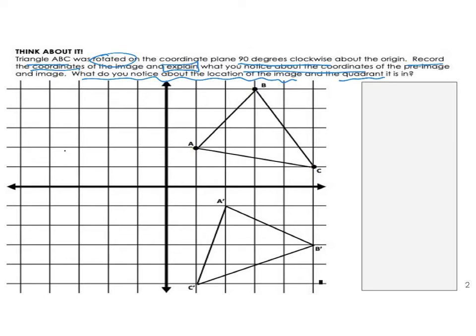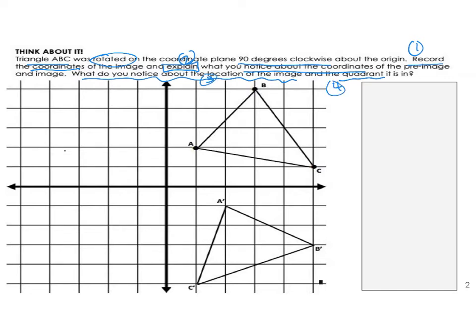The first thing I need to do is record the coordinates. Then I need to explain what I see about the coordinates. Then I need to write what I notice about the location and the quadrant. So 4 different things I need to do.